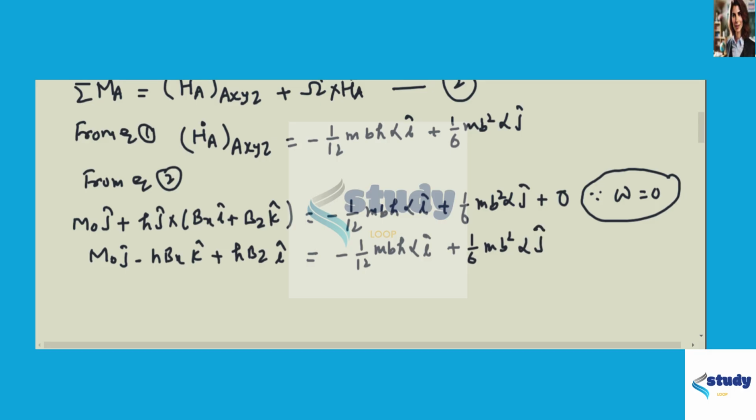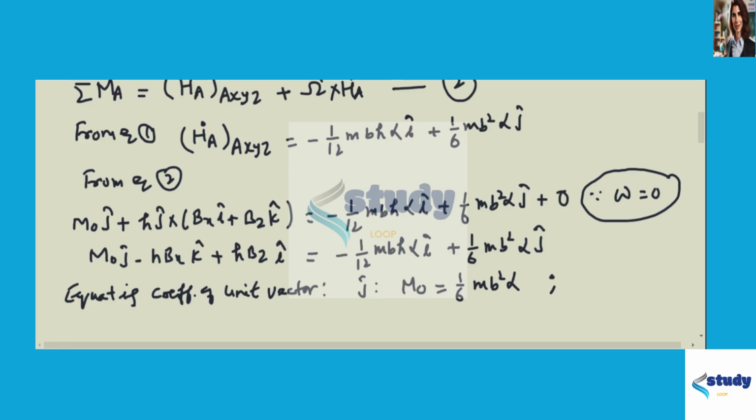So comparing, equating the coefficients of unit vectors i cap, j cap and k cap, M0 is 1 by 6 m b square alpha.